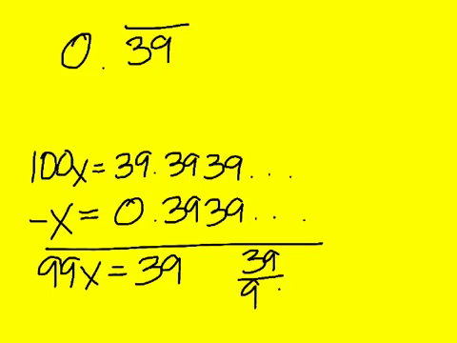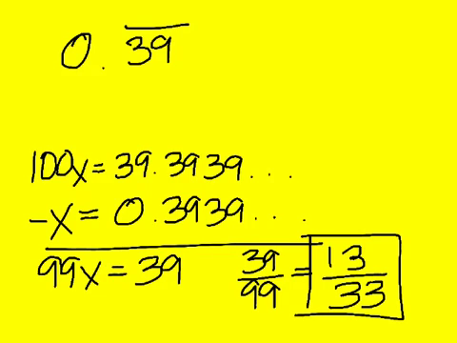And 39/99 is my fraction, but what number goes into both of them? 3. How many times does 3 go into 39? 13 times. And how many times into 99? 33, yes. So 13/33 would be your final answer for that.